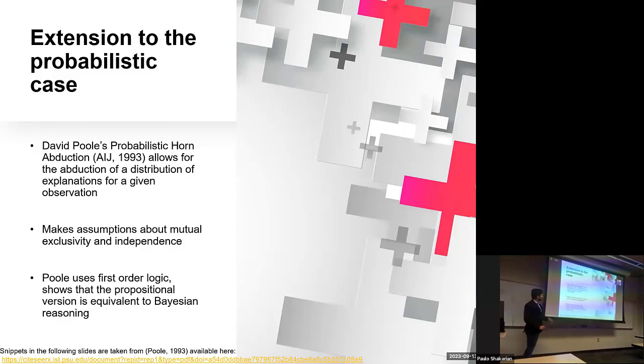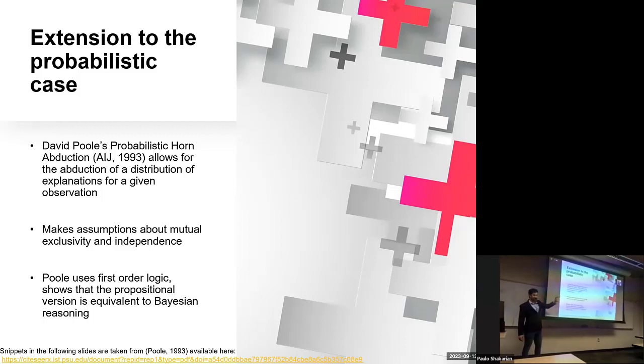So the next thing I'll cover is a probabilistic variant. I'm going to talk about something that combines logic and probabilities together. It's written by David Poole, and it's called Probabilistic Horn Abduction. It makes a limited number of probability assumptions about mutual exclusivity and independence.